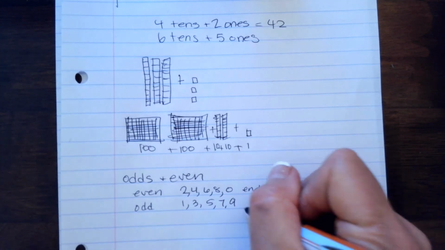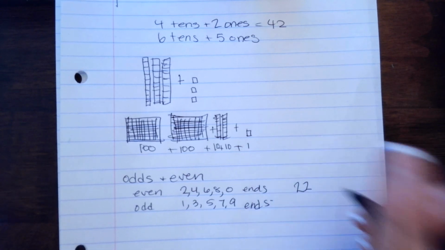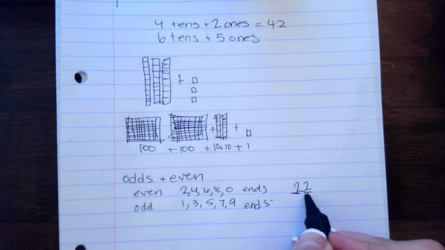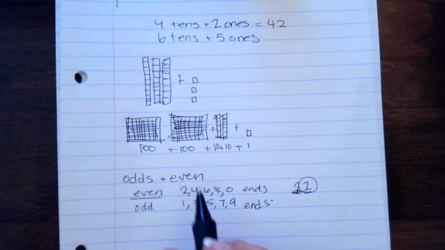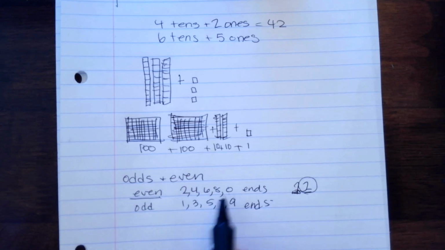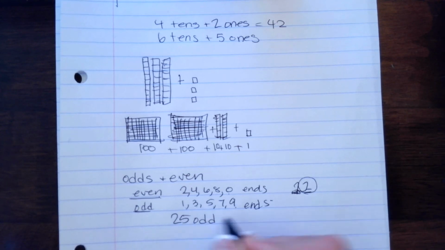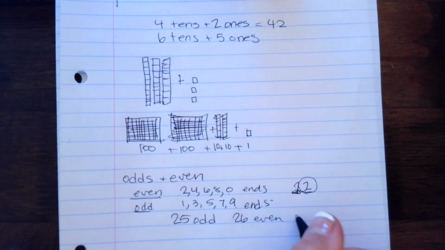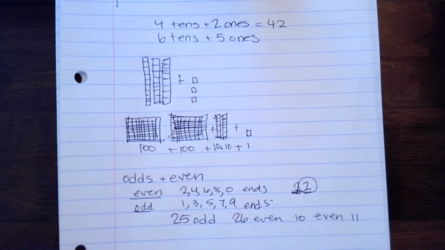That's right. And it's what the number ends in. So if you have a 22, you don't look at this number, you look at this number right here, whatever's in the ones is how we know. And even numbers, you're right, end in 2, 4, 6, 8, 0. Odds end in 1, 3, 5, 7, 9. So 25 is odd, but 26 is even. And 10 is even, but 11 is odd.